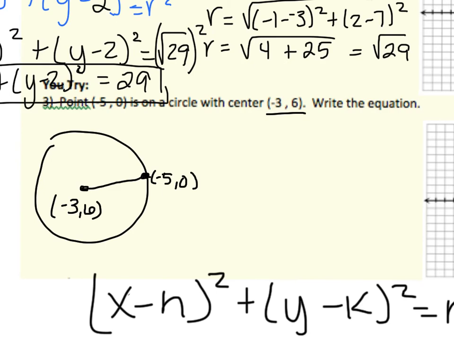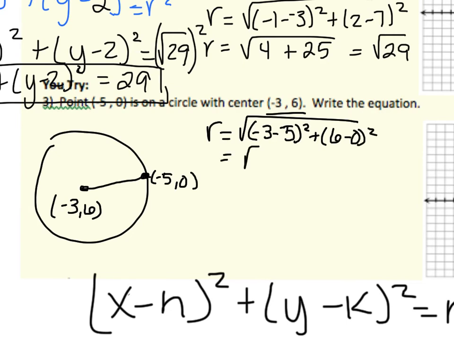I'm going to use r to represent the radius. r equals the square root of (-3 - -5)^2 + (6 - 0)^2. It's going to be 4 plus 36, which equals the square root of 40. I'm not going to simplify that yet, and here's why.